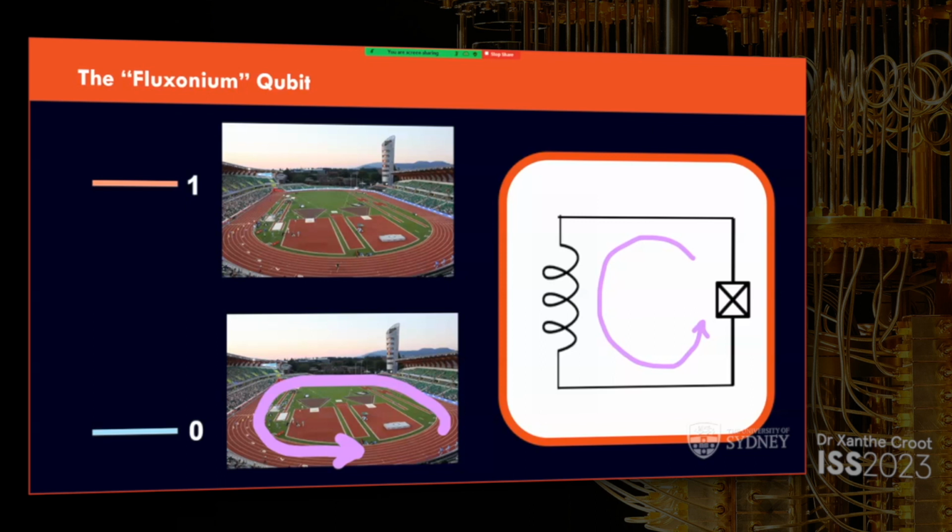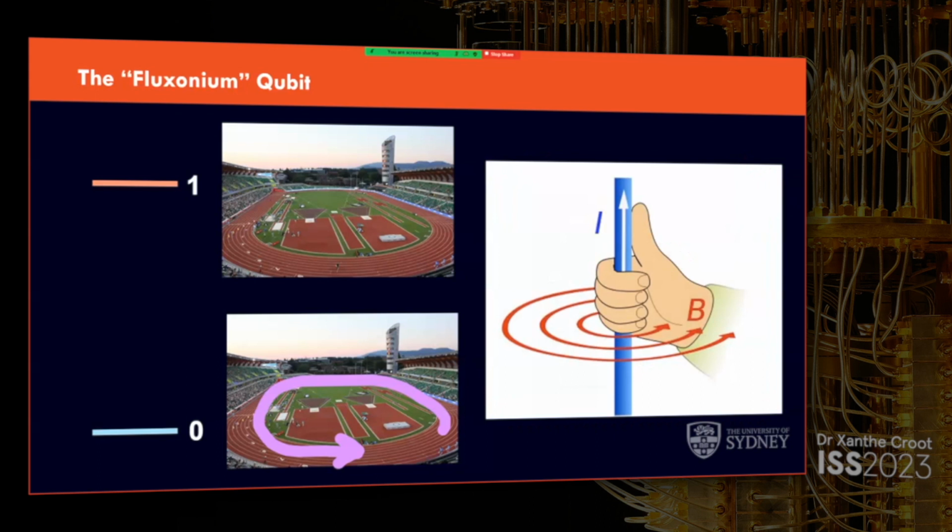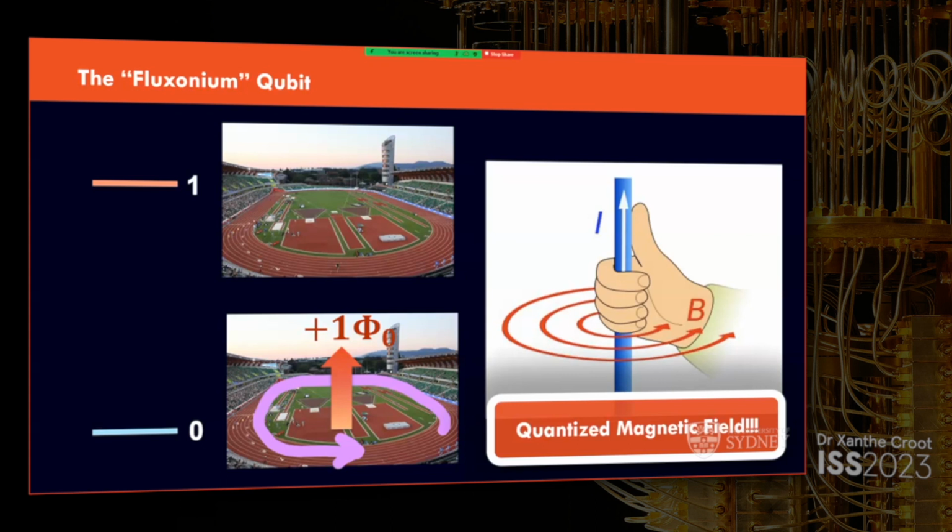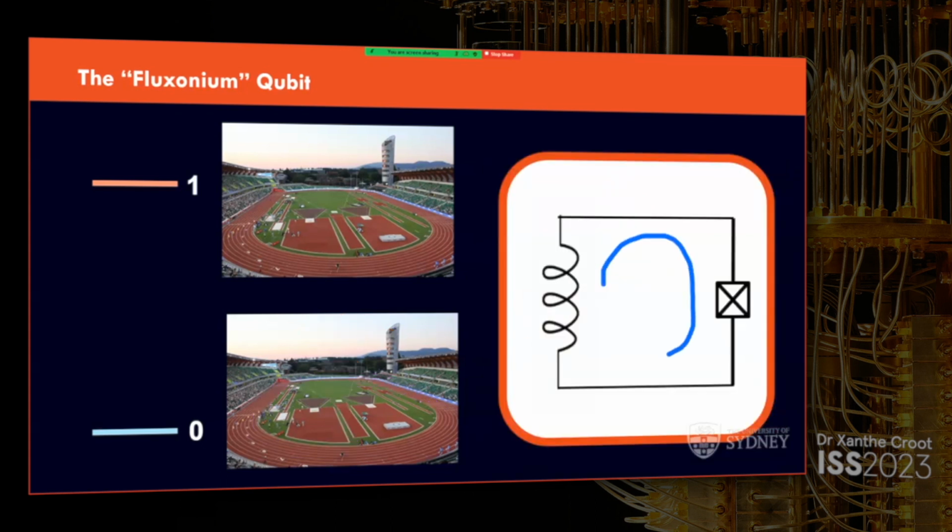The current flowing around this loop sets up a magnetic field in the center of the loop, and that magnetic field in these quantum circuits is quantized. We call 1 flux quantum the unit of quantization of the magnetic field. If we have current flowing the other way, we might call that the 1 state. That's going to be a flux quantum pointed in the other direction.